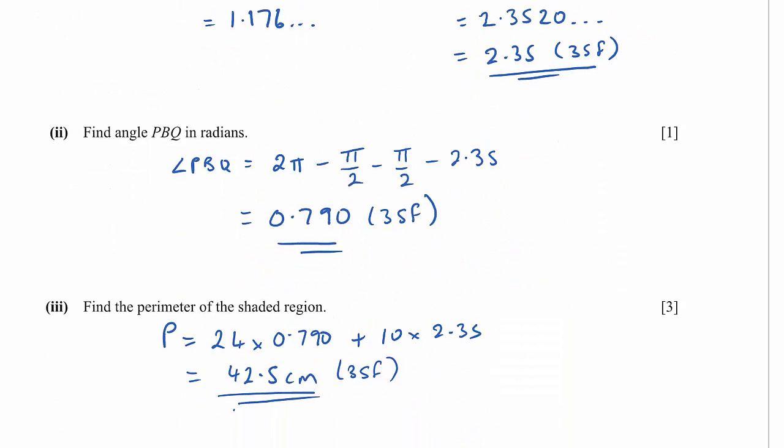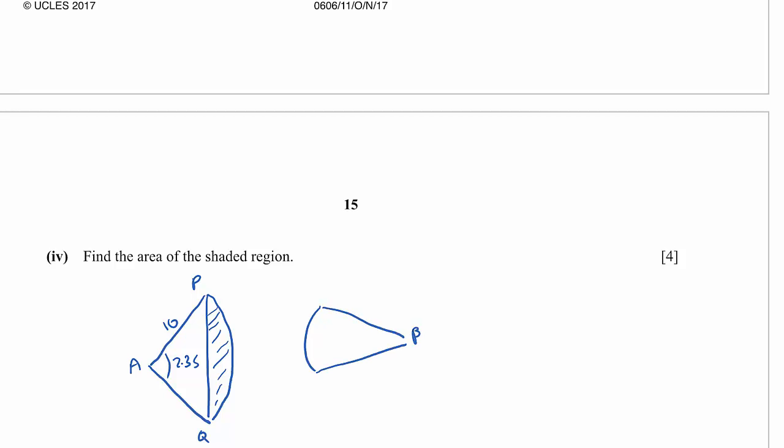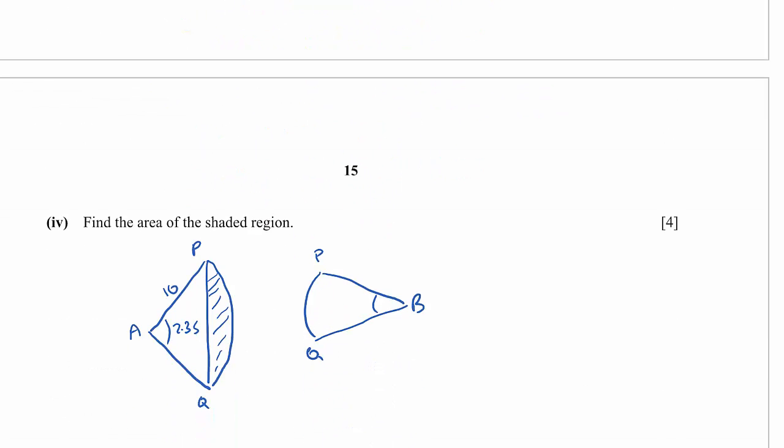So we do the APQ, we know the angle here was 2.35, and we know that the radius there is 10, and to get that segment there, we're going to do the sector take away the triangle, and then we've got the other sector, which is BPQ, that looks like a beta, and we know the angle just there was 0.790, and this is 24.